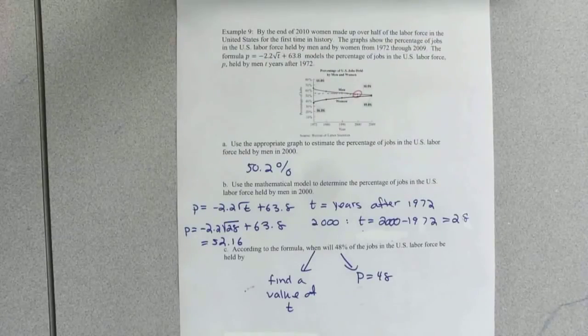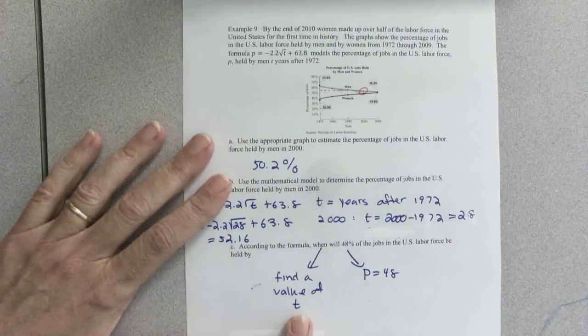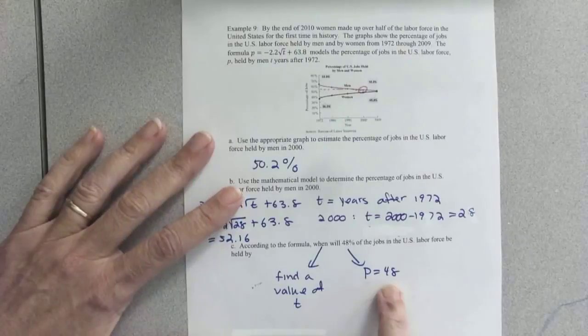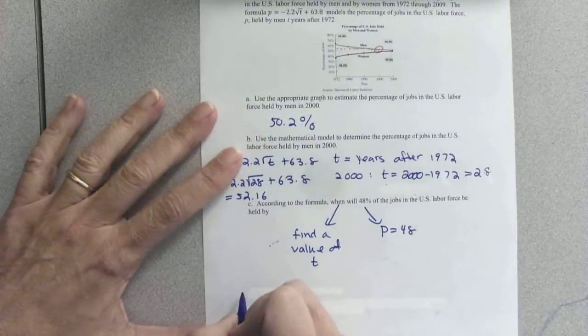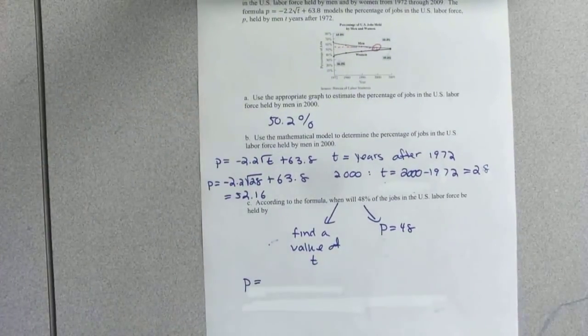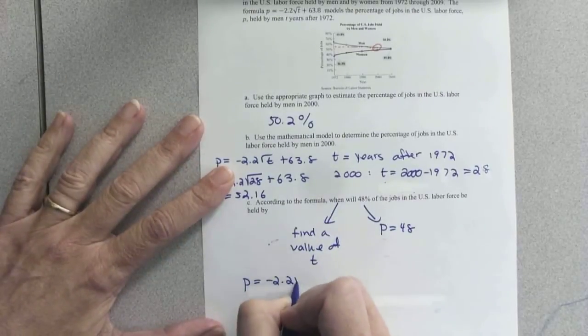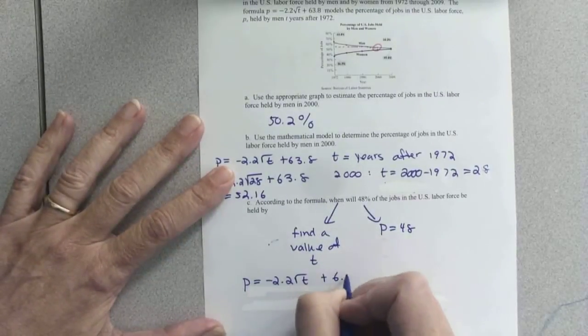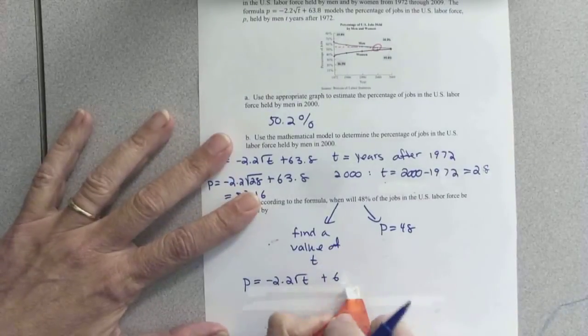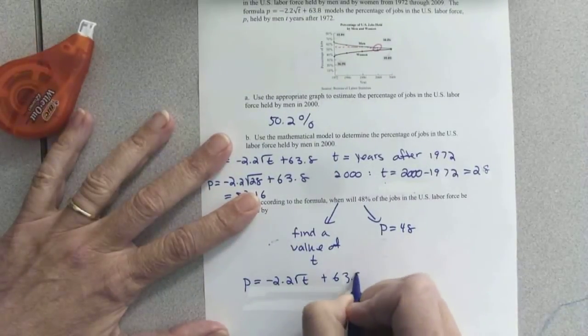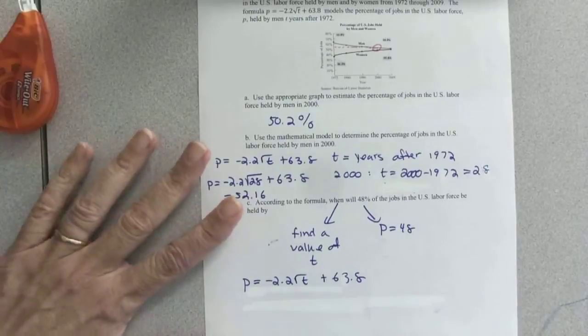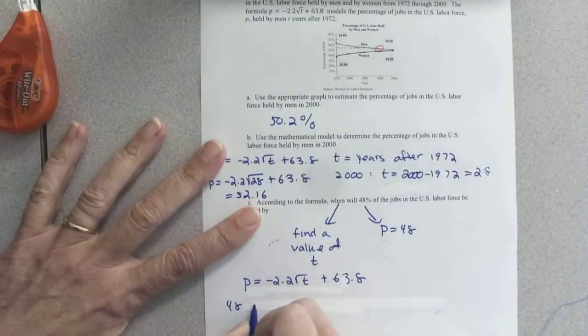Here they're saying find the time, and then they give me the 48 as a percent, so that's a value of P. So when I look at the equation, this is a set-equal-to problem.